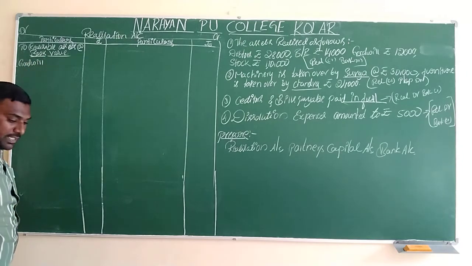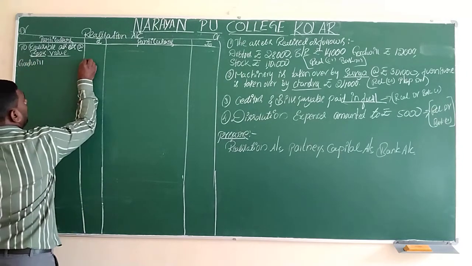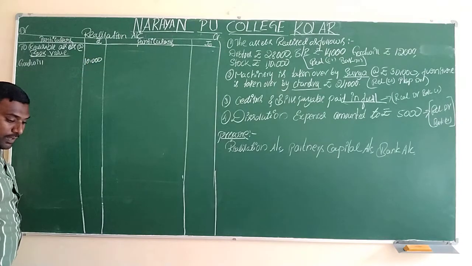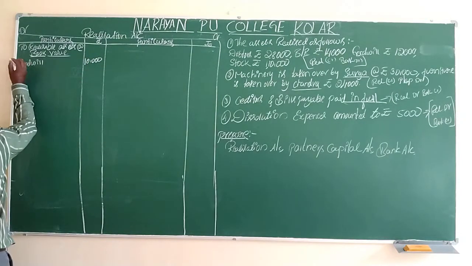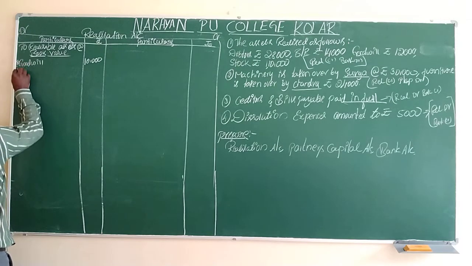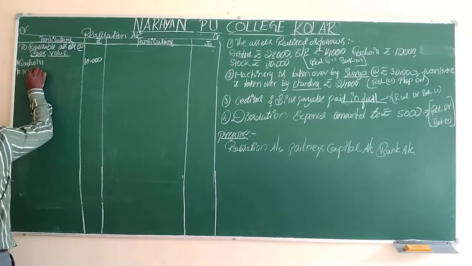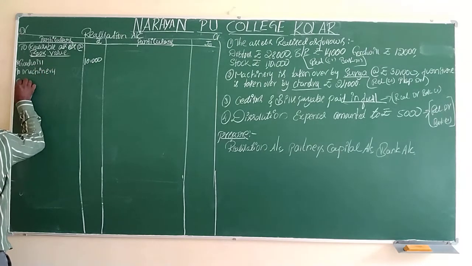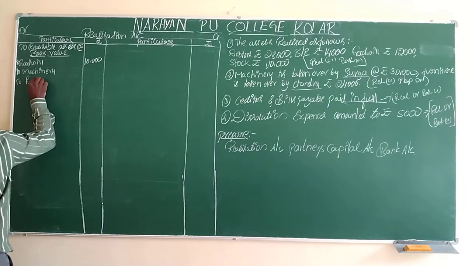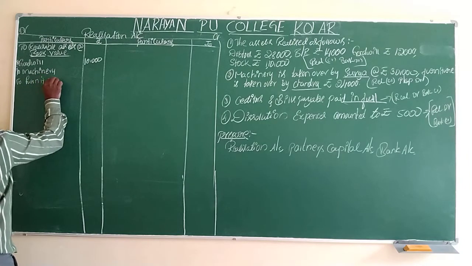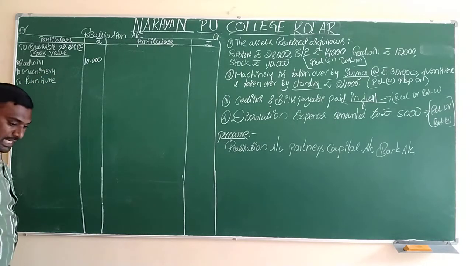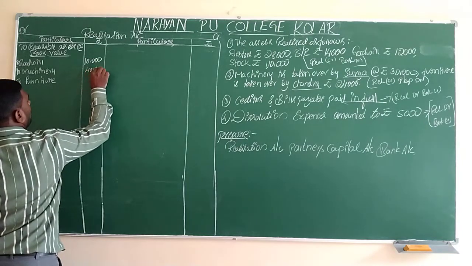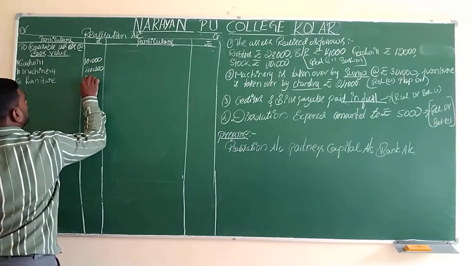The value of goodwill given in the balance sheet is 10,000. We will write directly in the amount column. After goodwill, machinery is given, and furniture. The value of machinery is 40,000. The value of furniture is rupees 20,000.